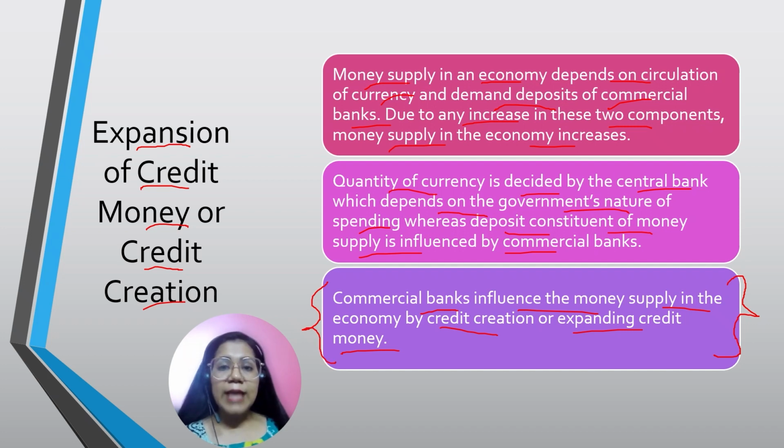So that difference is used by the banks for credit creation as they give loans from that. So that is how commercial banks influence the money supply by credit creation or by creation of loans. So let's read more about this.